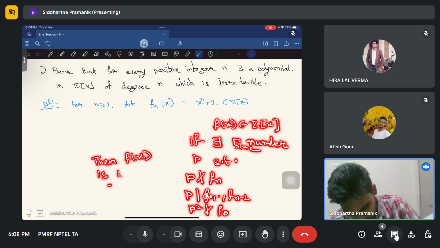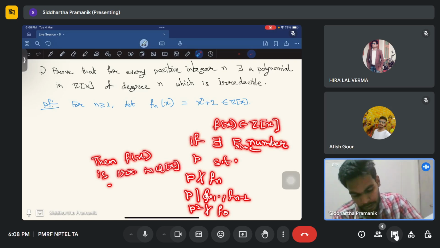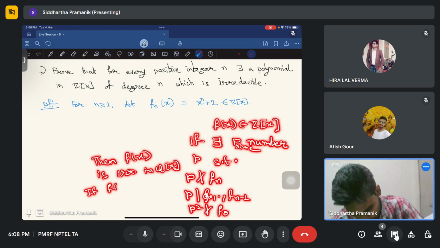And if the polynomial f(x) is primitive, then it is irreducible in Z[X].